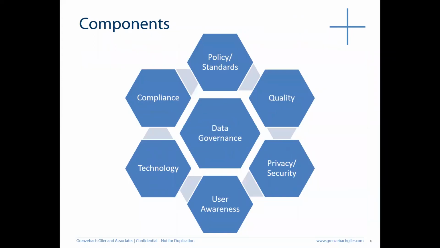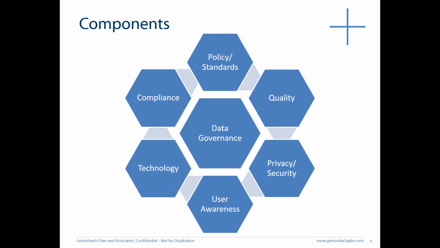And what I want to talk a little bit about here is the standard components of a data governance program. You can see we have data governance in the middle, and there are really 6 phases, 6 stages, 6 parts, 6 components, 6 things that make them up.